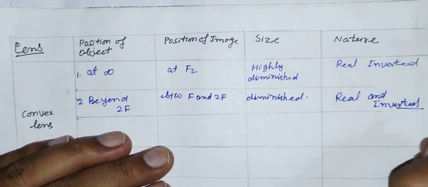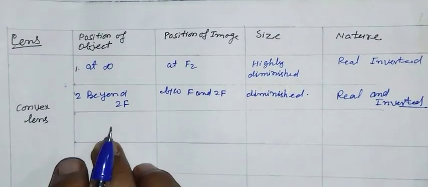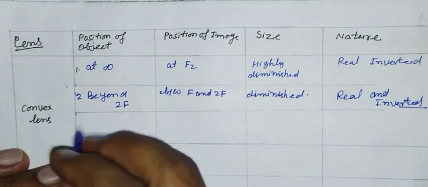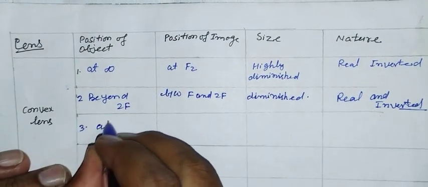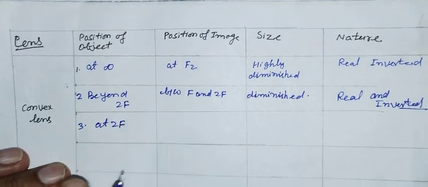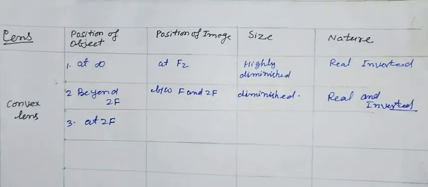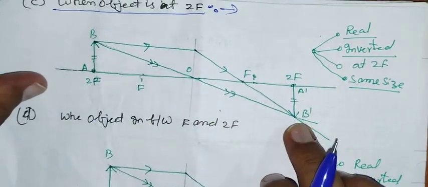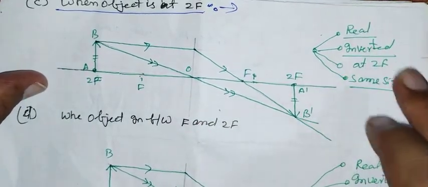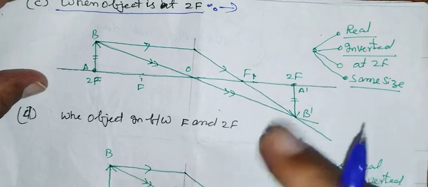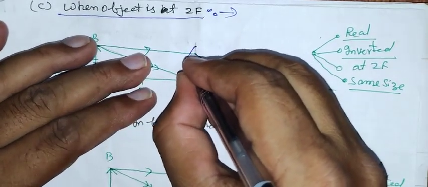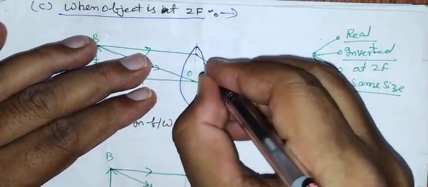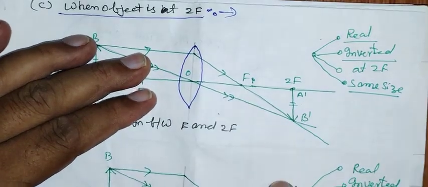In the third case, when the object is at 2F, see this diagram we have taken: the image is at 2F, real, inverted and of the same size. Image is formed in case of this convex lens.